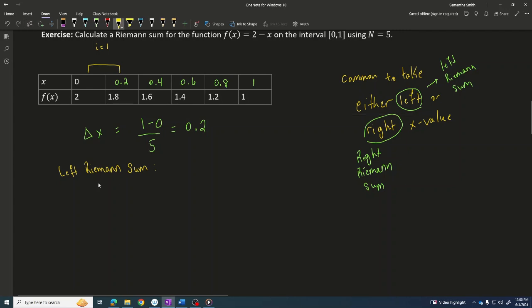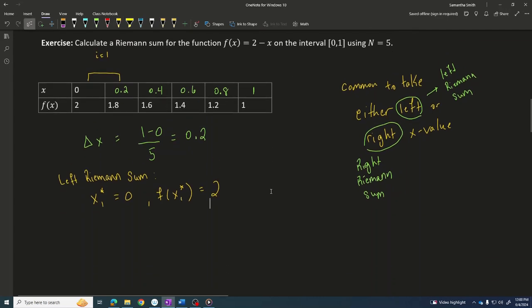If I made that decision, then the first x chosen out of the first chunk would be the x on the left side of the chunk, the x value of 0. And the output corresponding to that decision would be, according to the table, according to the function, 2 units.